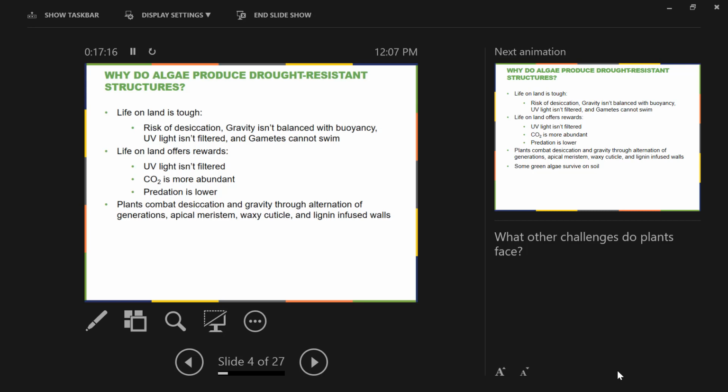The apical meristem. You're like, what on earth is that? So your apical meristem is the part of the plant that grows up, okay? And it seemingly knows where gravity is acting. So if you plant a seed right side up, did you know that seeds basically always open at the same place?